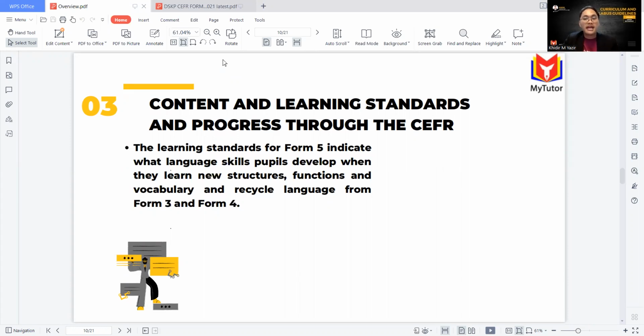So by the end of Form 5, pupils should reach a B1 mid-level of the Common European Framework of Reference CEFR in the content and learning standards for Form 5 for listening, speaking, reading, and writing. Okay, so the content and learning standards for Form 5 are also listed in full in the curriculum framework documentation.